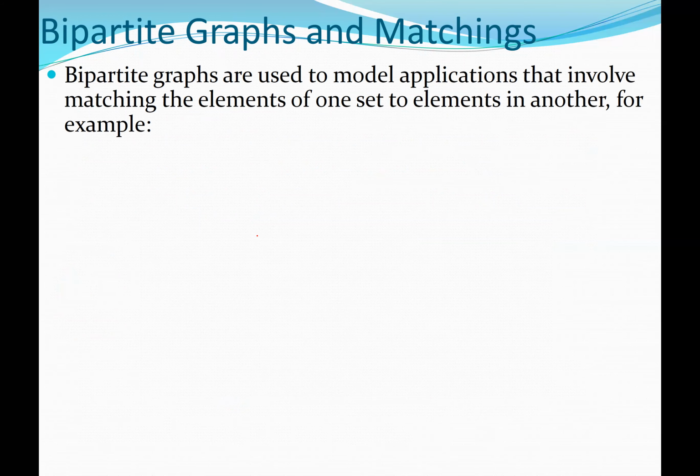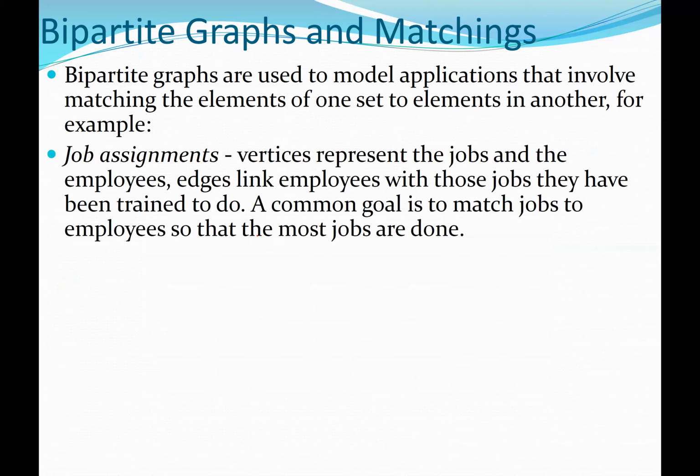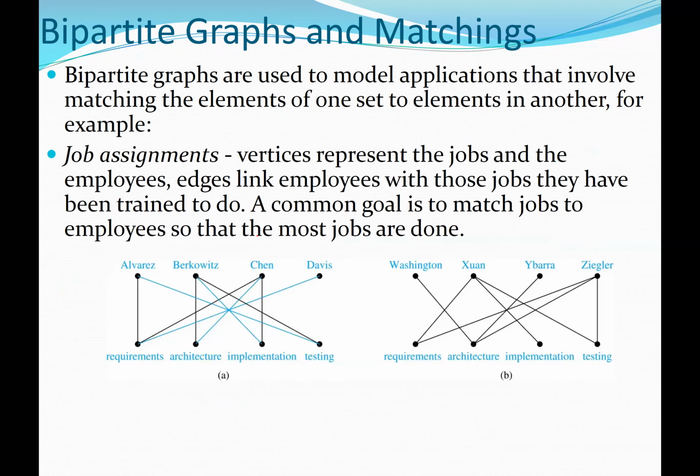Bipartite graphs are used to model a lot of things. An example is job assignment. Each vertex can represent an employee, and you have independent jobs that each employee can do. So here's an example: Elvis, Pekovic, Chen, and David are the employees.